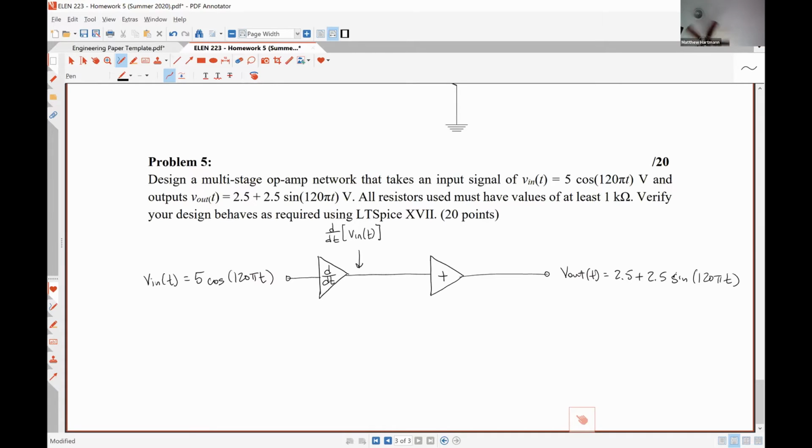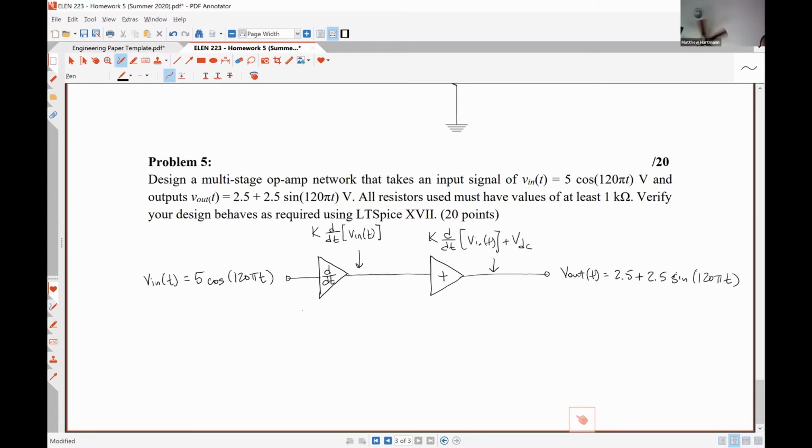Summing amplifier here, and this is going to give us the derivative, and I'm going to put a scaling factor of k here plus DC voltage. So this is what our signal is going to look like at our output.